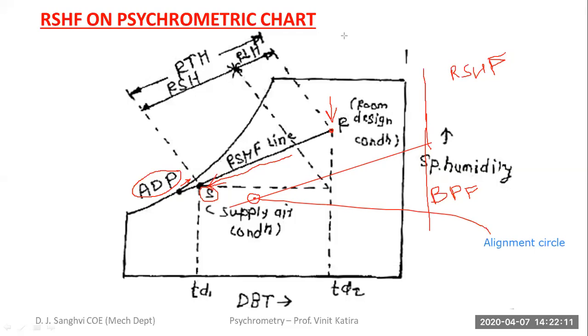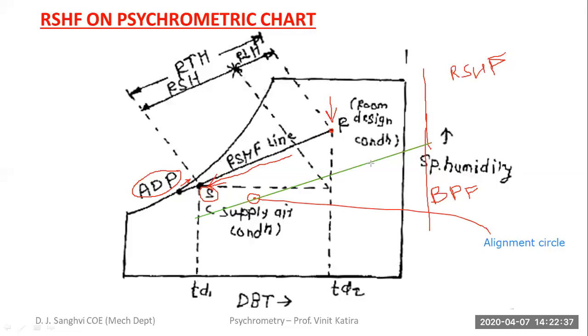Okay, is everyone understanding? Yes, sir. So this line that you draw from 0.9 RSHF, passing through the alignment circle, is your RSHF line. Then you will have to draw a parallel line to this, passing through the room design condition.